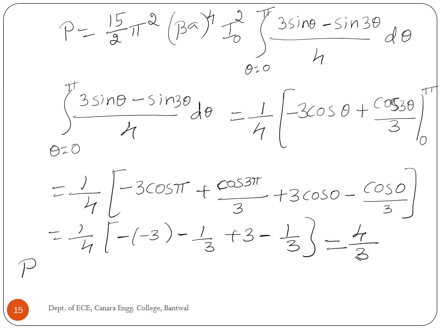Therefore, radiated power P is equal to 15 by 2 pi square beta a to the power 4 I naught square into 4 by 3.